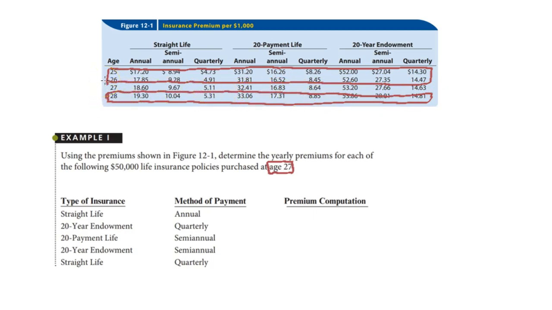We're only going to be using that 3rd row. So nothing in here. That's only for 28-year-olds. And this is for 25 and 26-year-olds. So we're not going to be using that information. Only that 3rd row we're going to be using, based off of age 27.